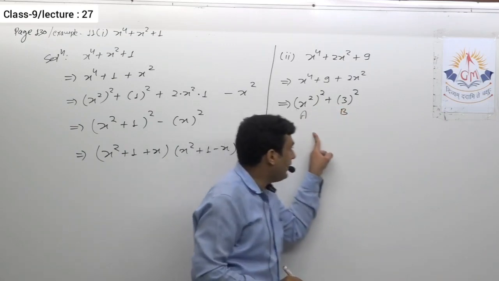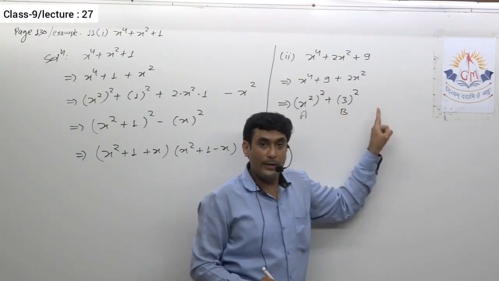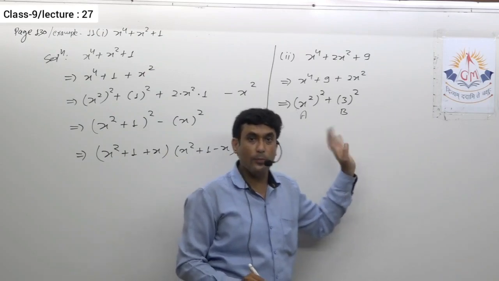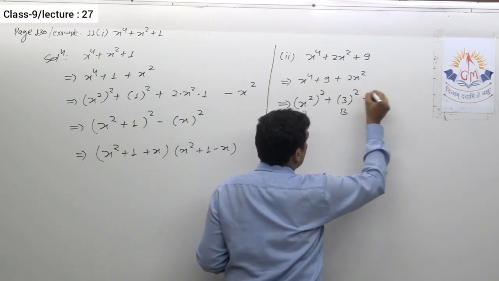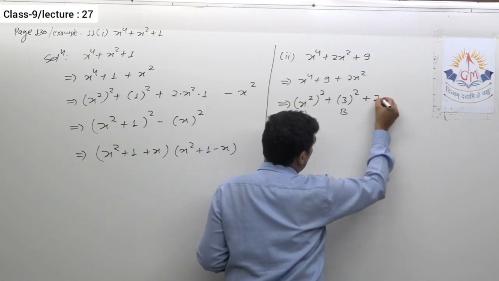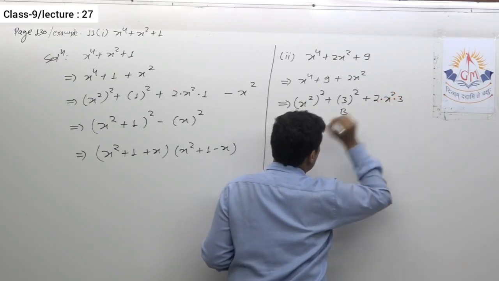When I have a square plus b square, either minus 2ab gives me an identity or plus 2ab gives me an identity. Both ways are possible. So let us see, the identity will be of plus 2ab. So here I am writing 2 into a, that is x square, and b, that is 3.